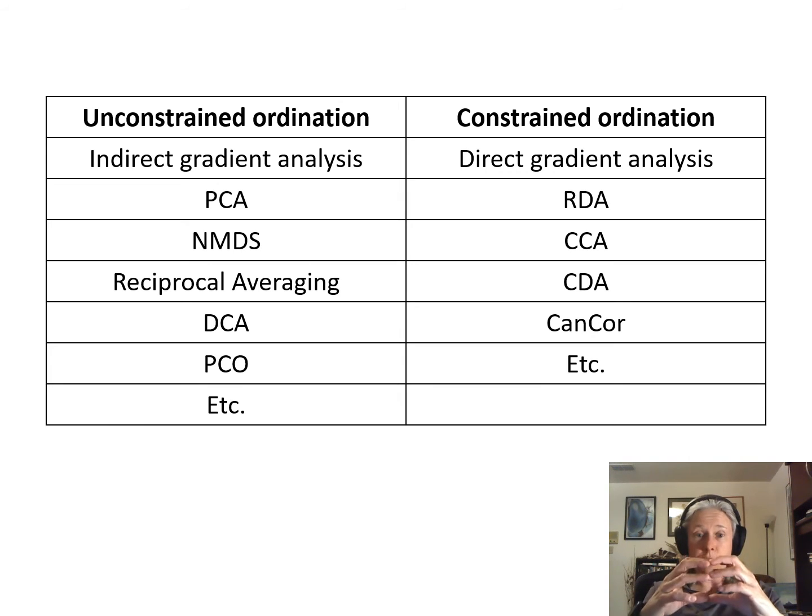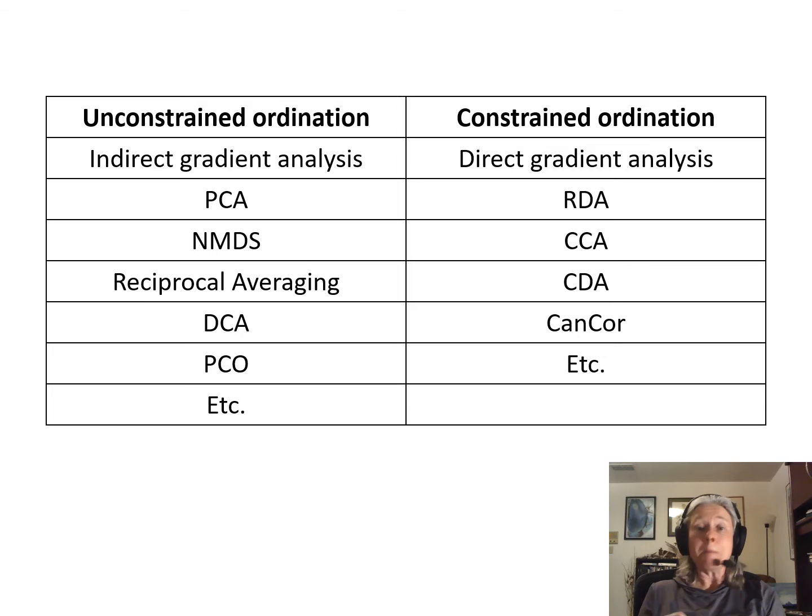That interrelationship is the focus of unconstrained ordination. When you have what you think is a relationship that is also affected by some environmental gradient, then a constrained form of ordination is needed.